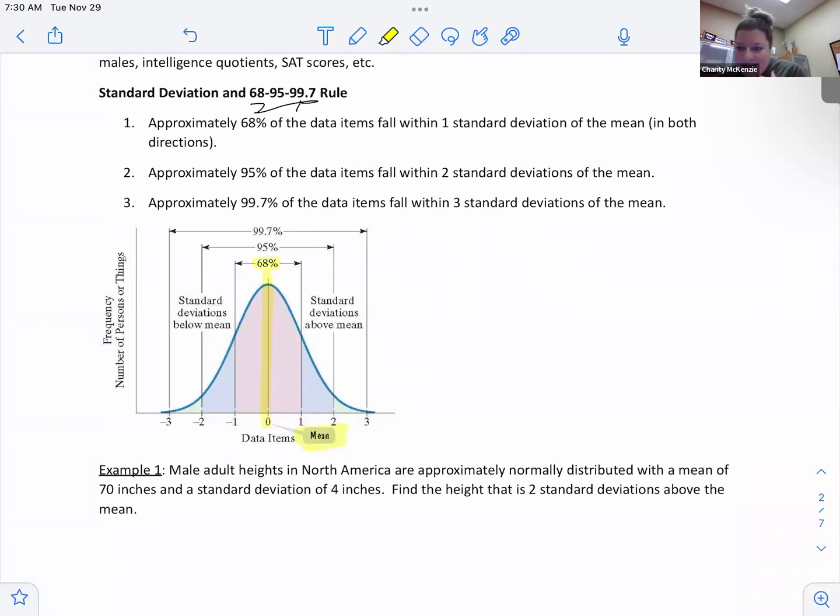Now, I want to be more accurate than 68%. I can go out 2 standard deviations, and I've now picked up 95. Then you go out 3, and you've picked up pretty much everything, right? It's 99.7, so there's a slight chance of something outside.